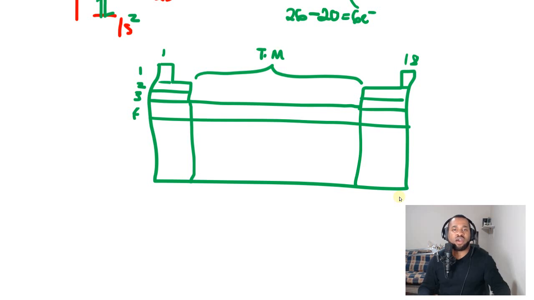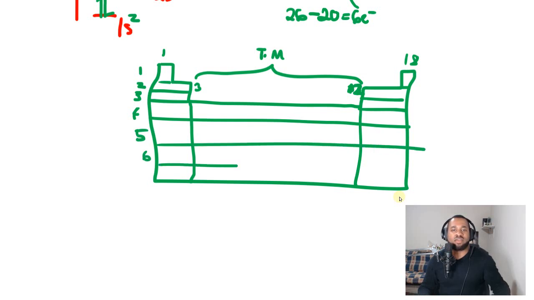So in here we're going to have group 3, and group 12, sorry, this will be 12, and then it's not going to be 10. So you have 3 and you have 12, and then in this case here we're going to go 5, and then this is 6 and 7.